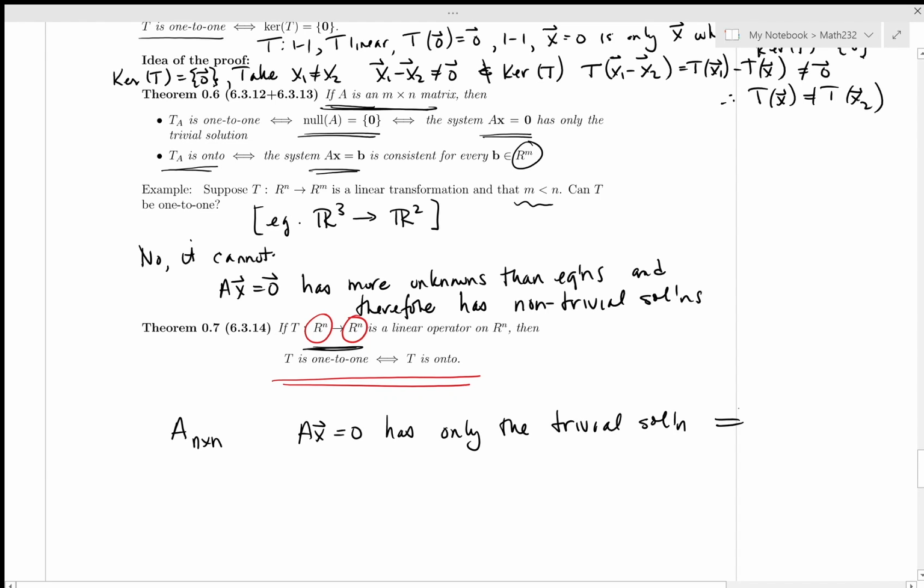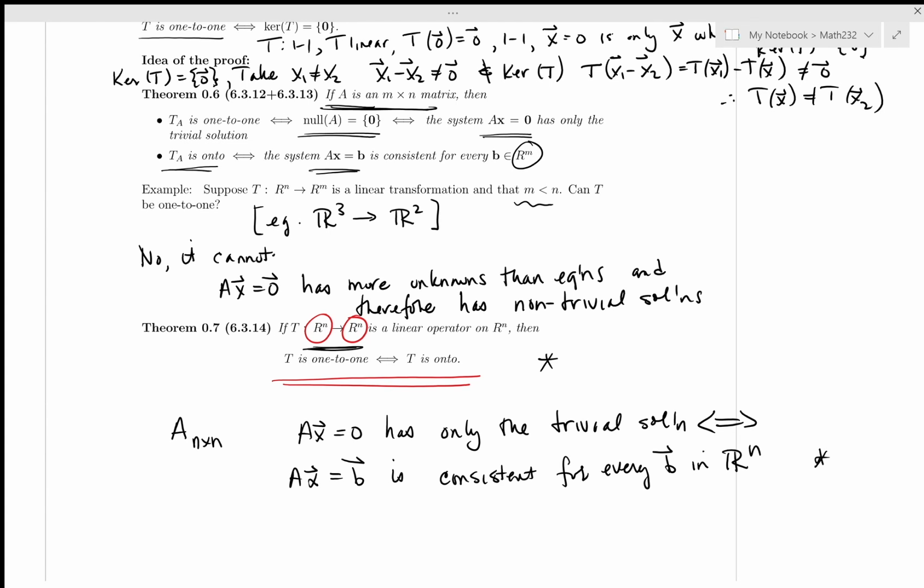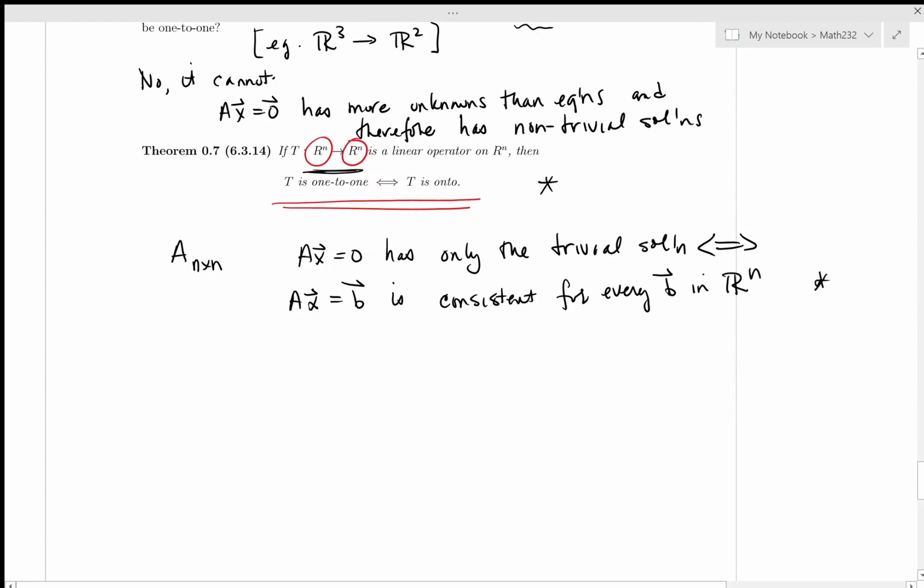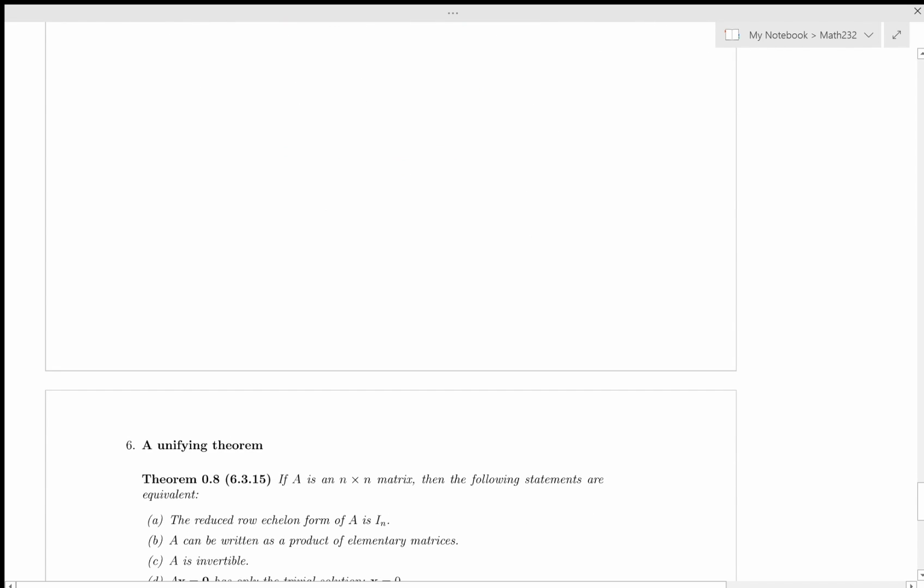That is the same as saying that AX equals B is consistent for every B in Rn. Okay, that's what this statement is, the same as this statement when we think of the transformation as a matrix. All of this stuff now can be added to our ever-growing unifying theorem.